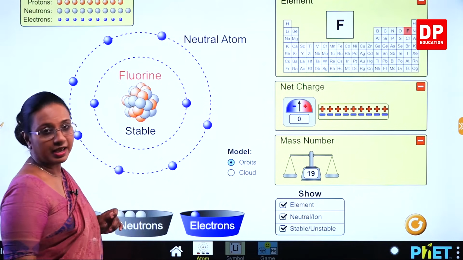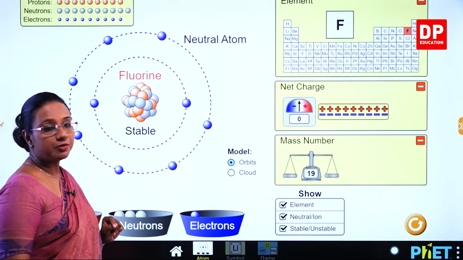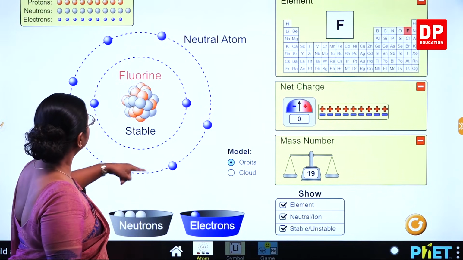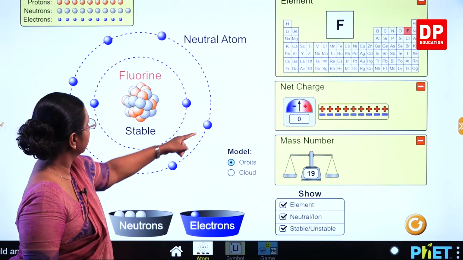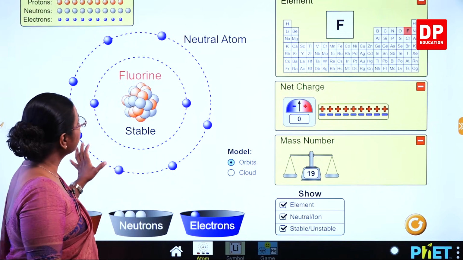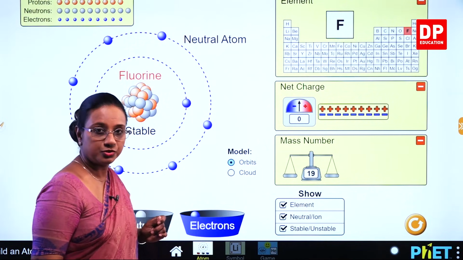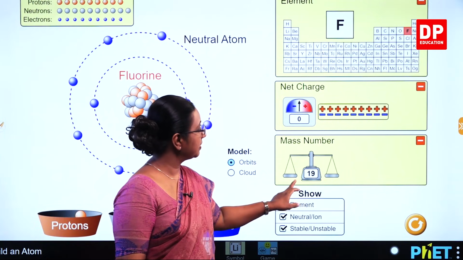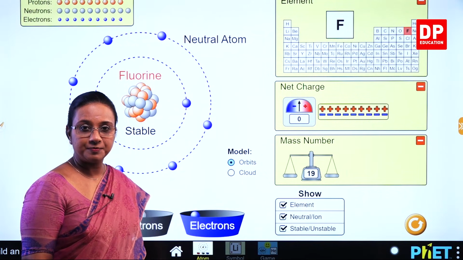So here you can see there are 9 protons, 9 electrons, 2, 3, 4, 5, 6, 7, 8, 9 electrons. So therefore the atom is neutral and the mass number is 19.